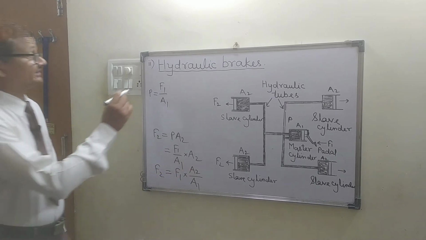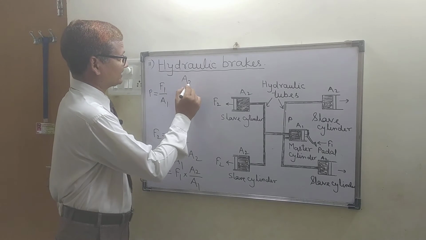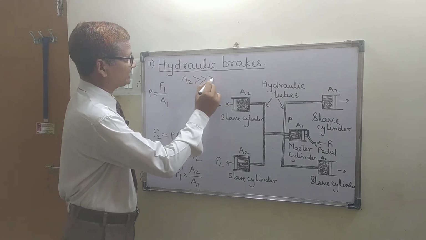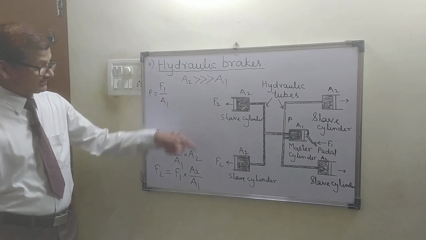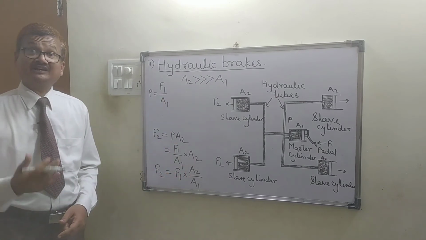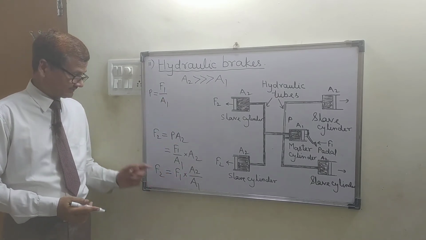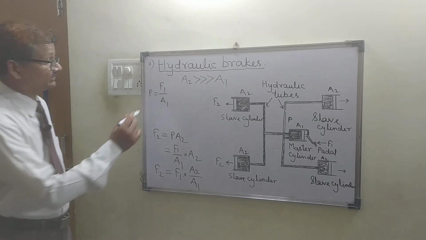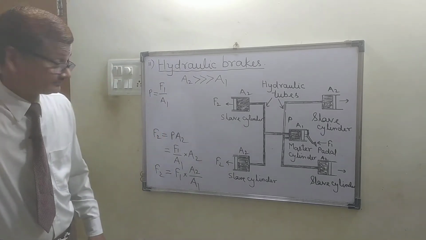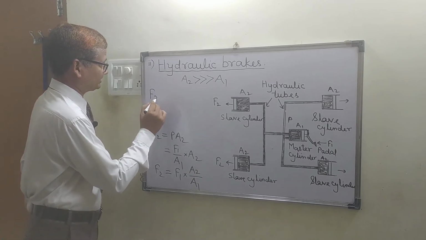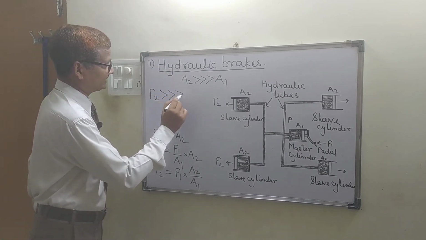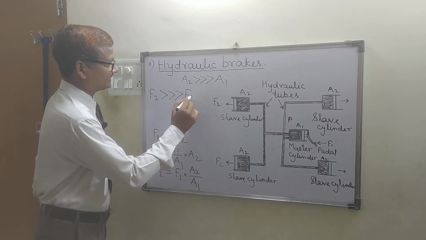It is clear that A2 is very much greater than A1. Therefore, A2 upon A1 will be a higher quantity, and therefore force F2 will be very much greater than F1.